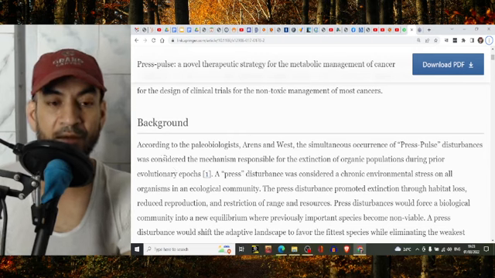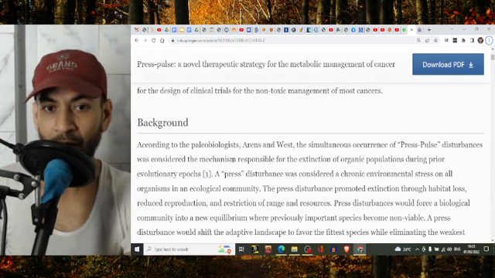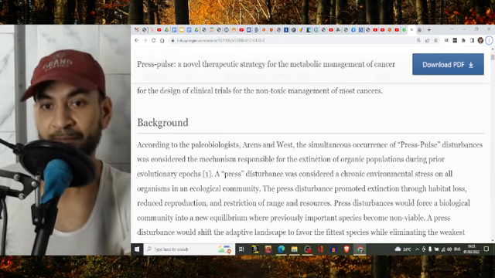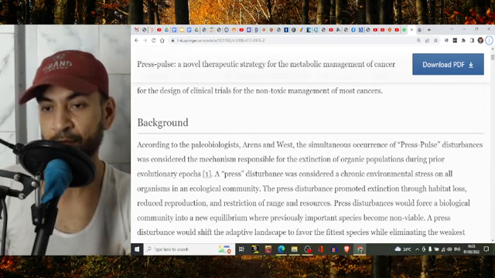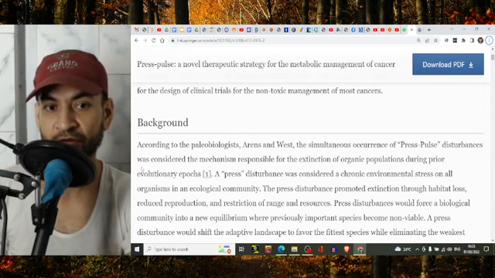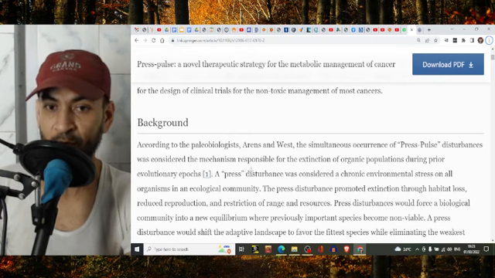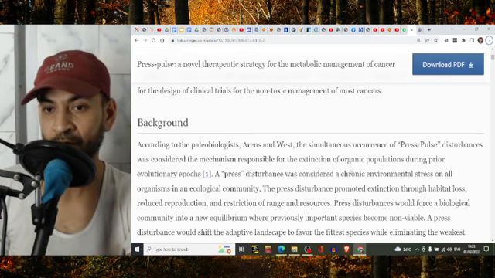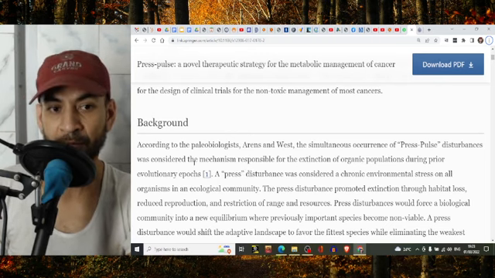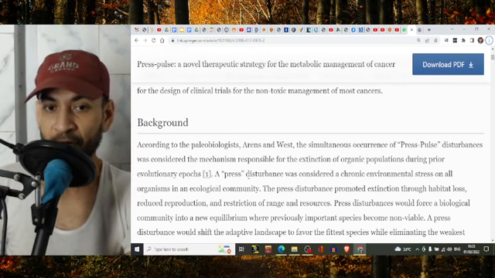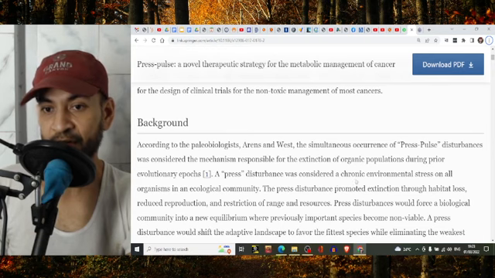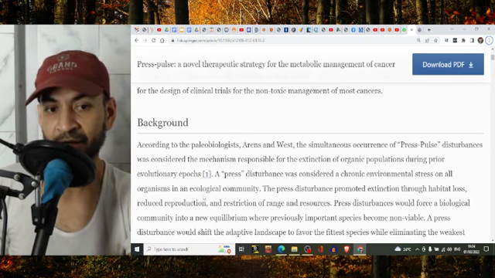Background. According to paleobiologists Aaron and West, the simultaneous occurrence of press-pulse disturbances was considered the mechanism responsible for the extinction of organic populations during prior evolutionary epochs. Reference 1. A press disturbance was considered a chronic environmental stress on all organisms in an ecological community.